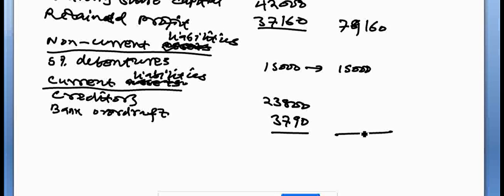Inakupea ngapi? Haya, ongeza. 23,800 plus 3,790.